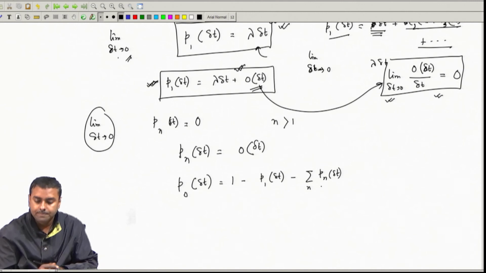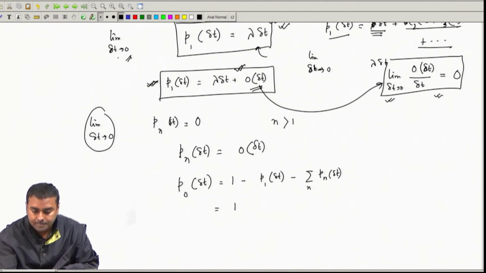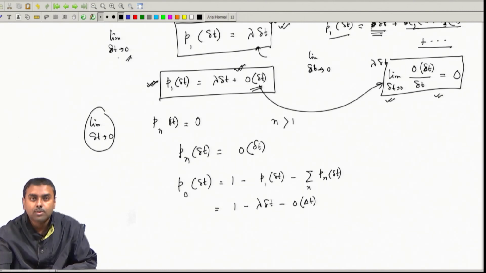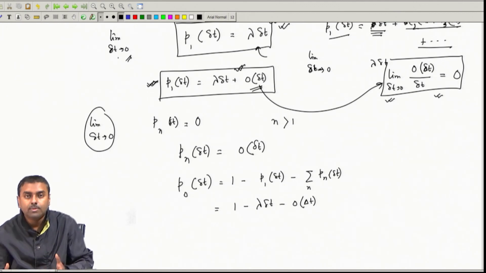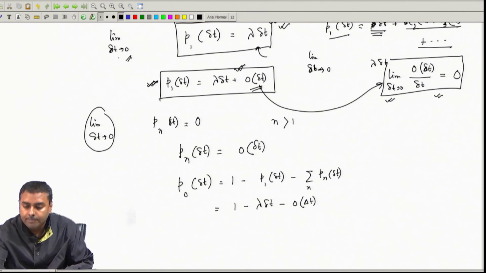Now, if I put 1 minus lambda delta t minus O delta t, and this is also a summation of O delta t, all together if you sum them, that will remain another O delta t.